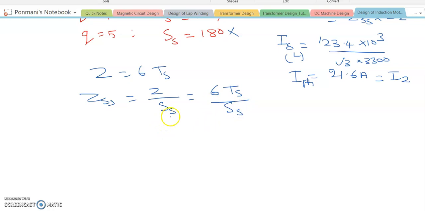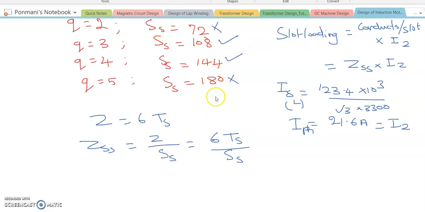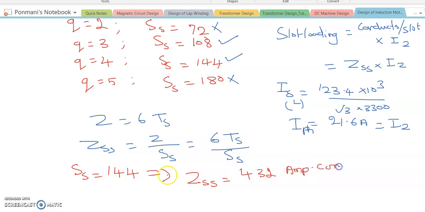So for the two values of SS we have finalized, 108 and 144. For SS = 144, we will be getting ZSS as 432 ampere conductors, and for SS = 108 we will be getting ZSS, that is conductors per slot, as 561.6 ampere conductors.